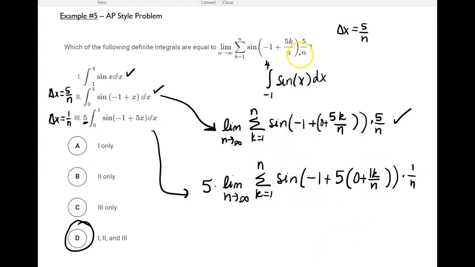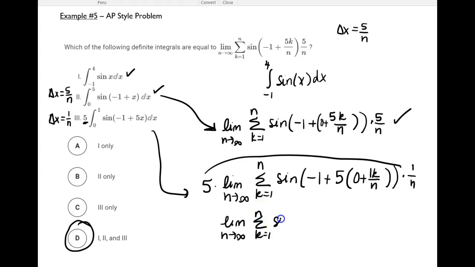Now at first glance, this doesn't look exactly the same, but maybe with a little manipulation we can change it. So this 5 right here, I can actually bring inside my limit. I can multiply that by 1 over n and get 5 over n. We'll come back to this middle stuff in a second. So that could be 5 over n.